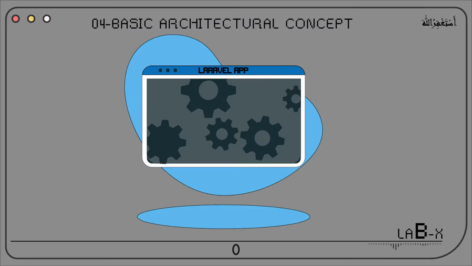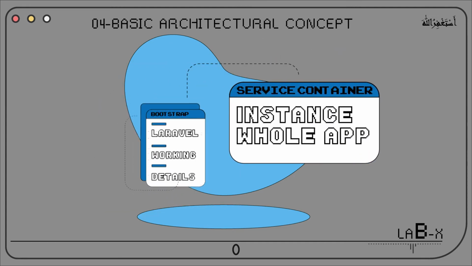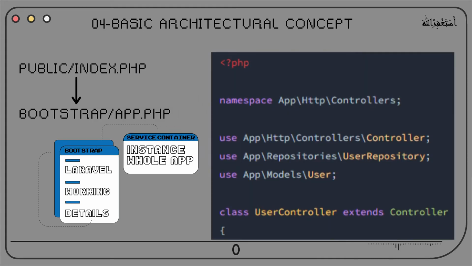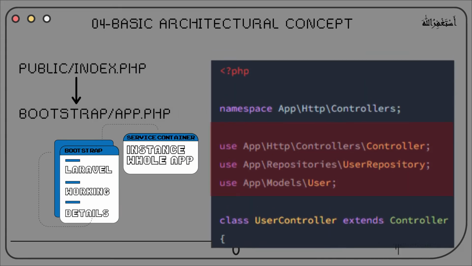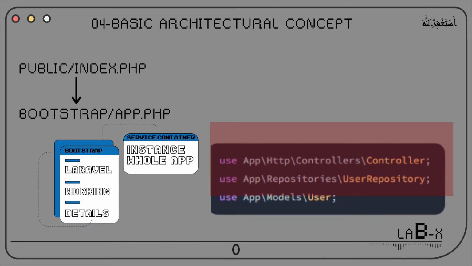After that, Laravel starts its first action of creating an instance of the application service container. The Laravel service container is a powerful tool for managing class dependencies and performing dependency injection.